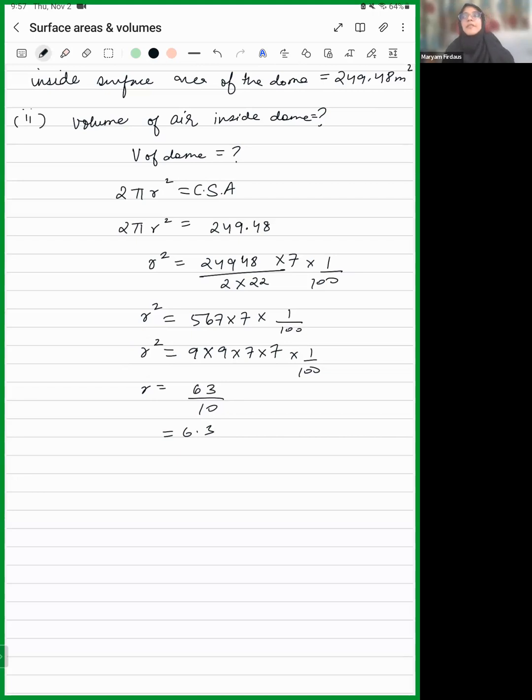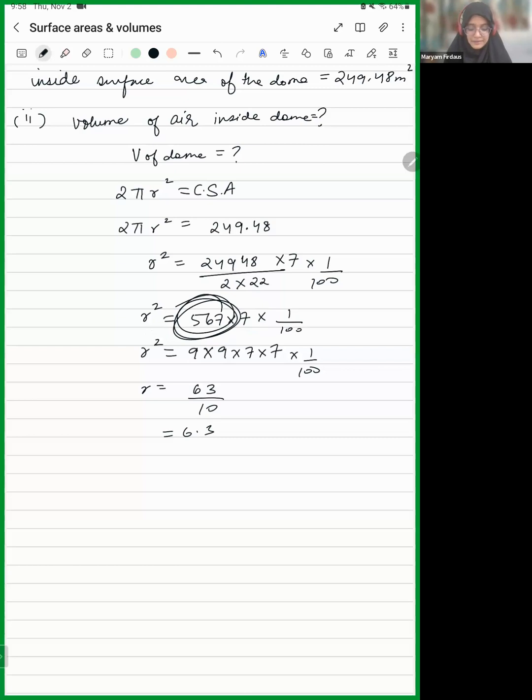See, when you find R square now, don't make it a huge number. Try to take it down piece by piece. Try to make it into different factors, so that when you have tiny bits of numbers, then you can easily deal with them. So what I did here was, instead of multiplying 567 into 7, I factorized 567 itself.